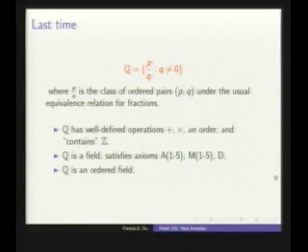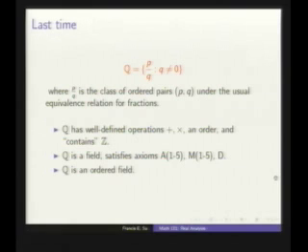And we saw that the rationals not only have an order and are a field, but they're an ordered field, which, in addition to those two things, means what? That the order and the field operations need to play nice with each other, right?